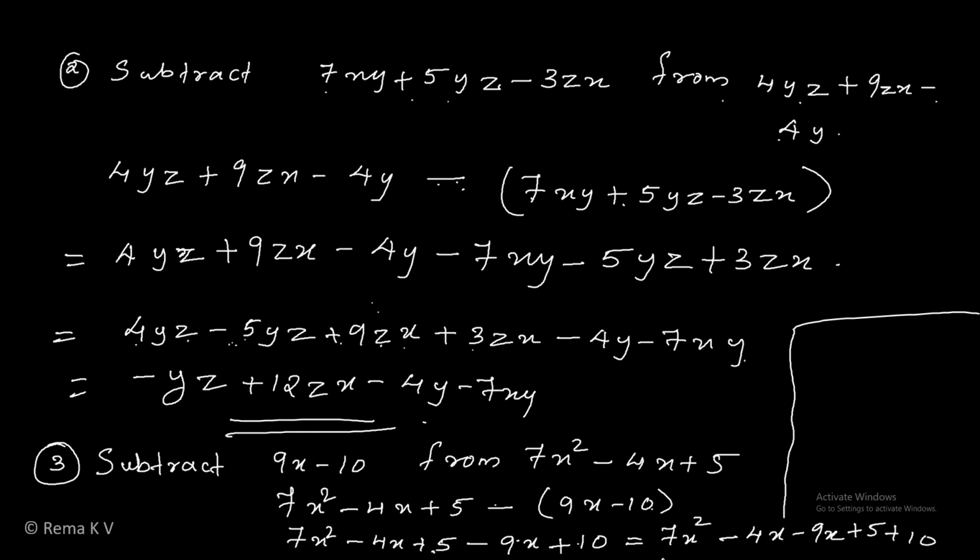Along with the 7x square, no like term is there. So let us write 7x square first. Then what about this minus 4x minus 9x?